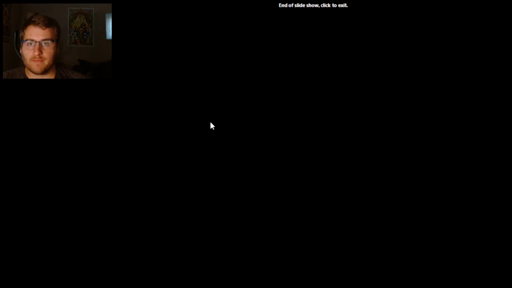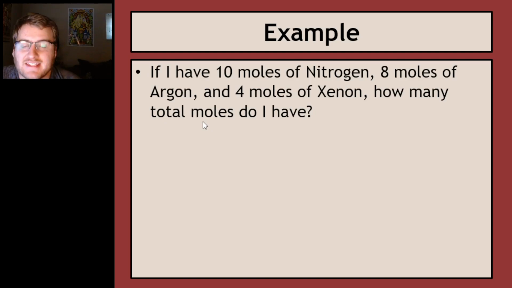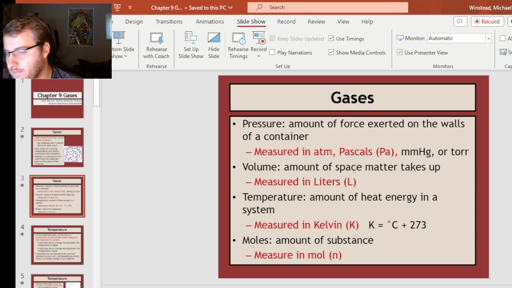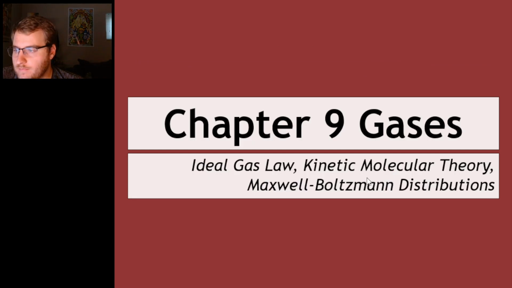All right. So that is gases. We have a couple of important things. Let me pull back up the beginning here. Knowing the two gas laws is really important. Calculating problems using the ideal gas law and combined gas law is what we're going to be mainly focusing on in class. There'll be lots of multiple choice questions involving the kinetic molecular theory.